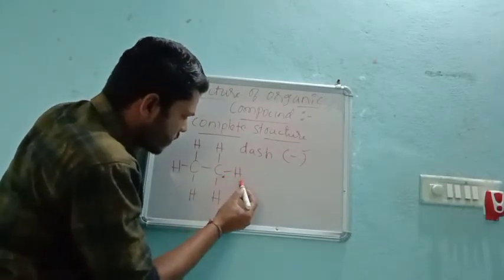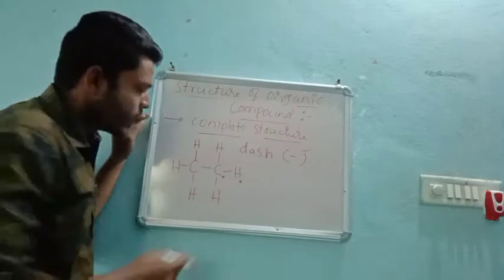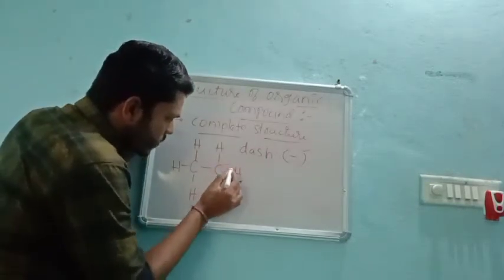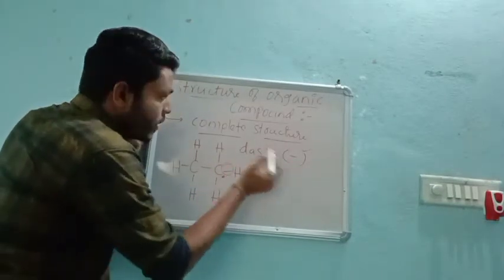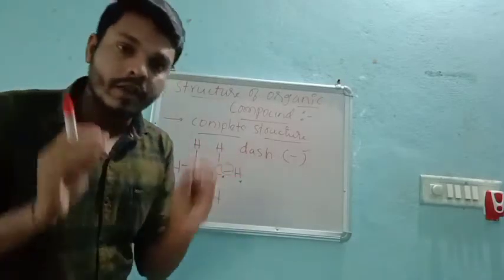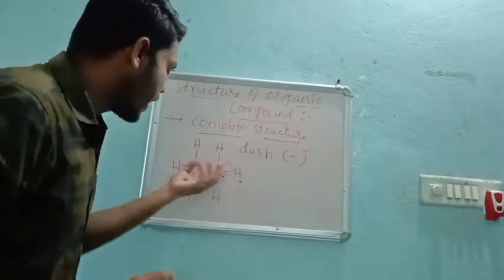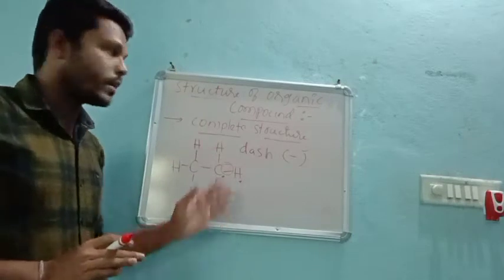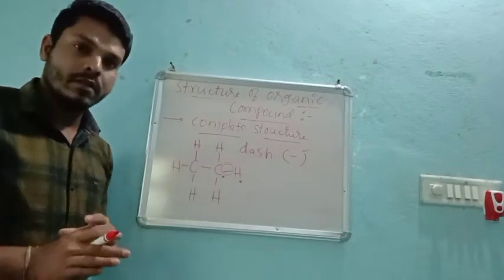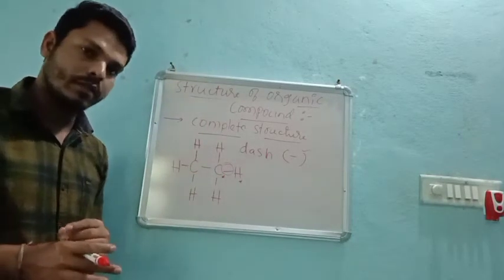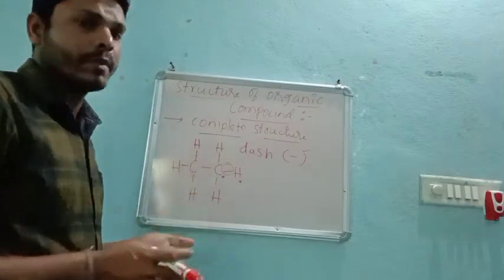This carbon and this hydrogen you consider. In between carbon and hydrogen, what is there? There is a dash. If for each and every atom present in the molecule you use the dash, then such structures are called complete structures.